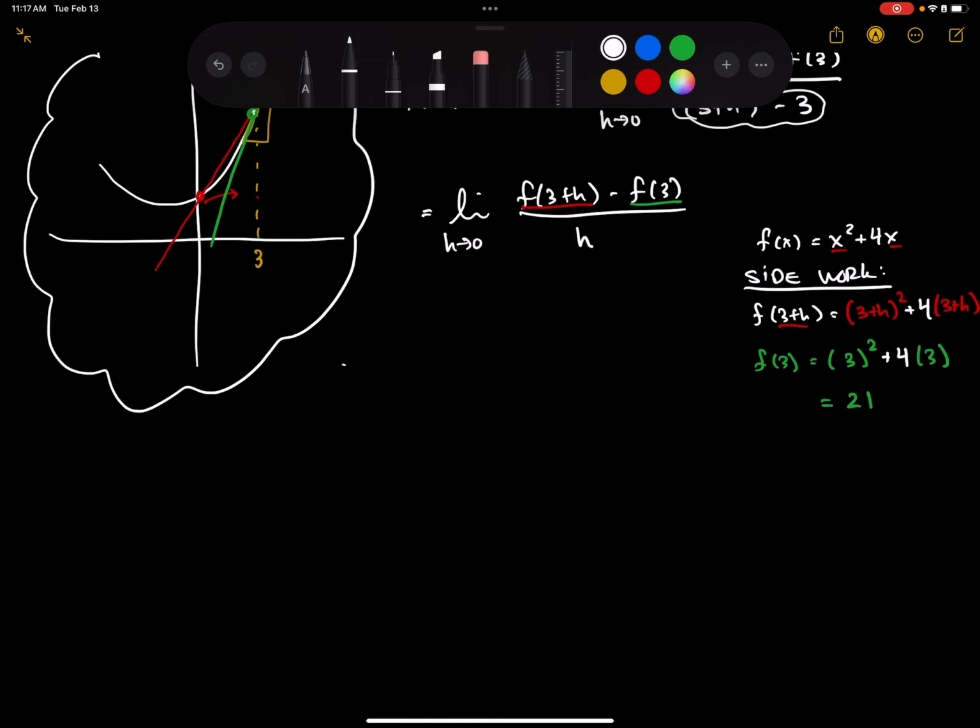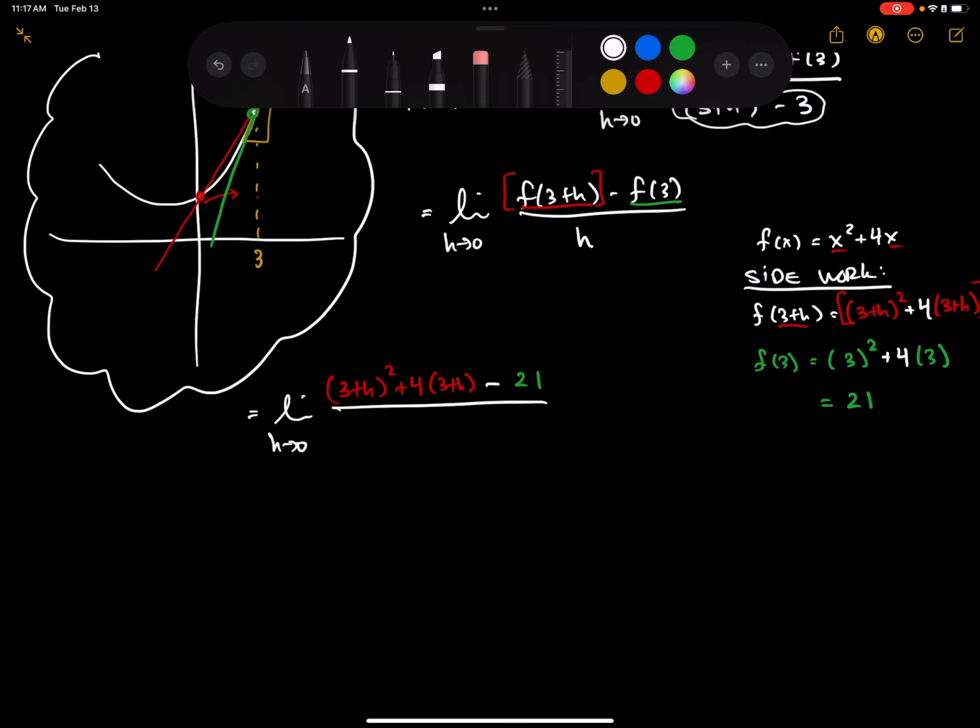Okay, so what we're going to do now is rewrite with these things replaced here. So f of 3 plus h is now going to be replaced by this guy. And keep the limit notation going here because this is all important. So this becomes 3 plus h squared plus 4 times 3 plus h minus, and we said that f of 3 was 21.